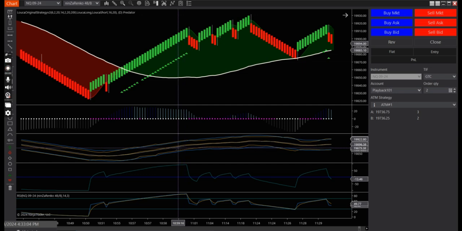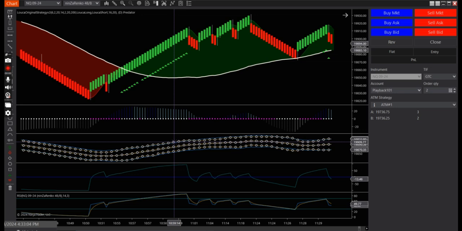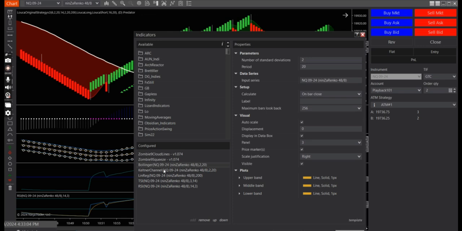The Bollinger Band uses standard deviation, and the Keltner channel uses a multiplier. So both have a period of 20, and the Bollinger Band's standard deviation is 2.